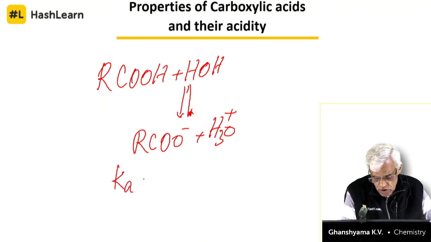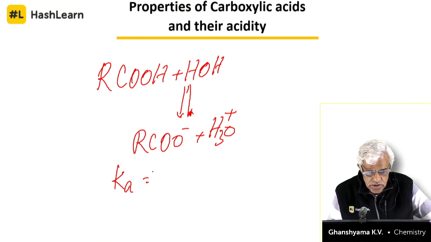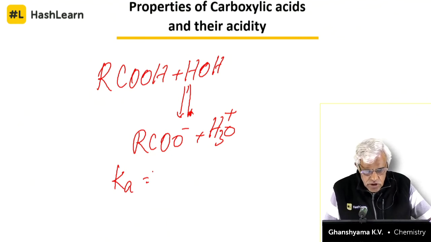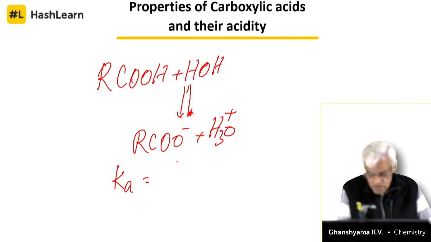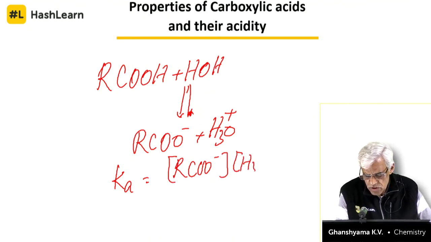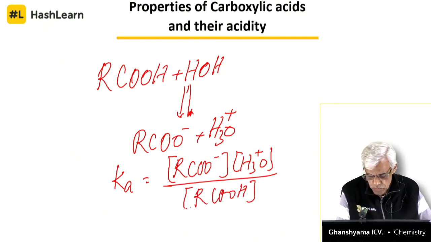The dissociation constant or equilibrium constant for the acid, Ka, is equal to the active mass of RCOO minus into the active mass of H3O plus divided by the active mass of RCOOH.